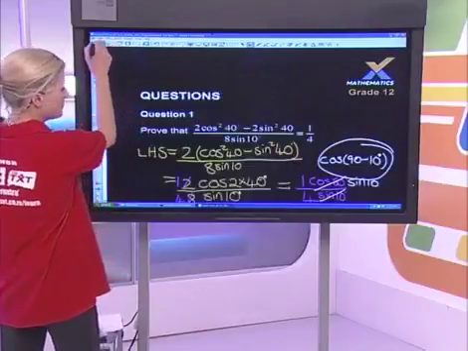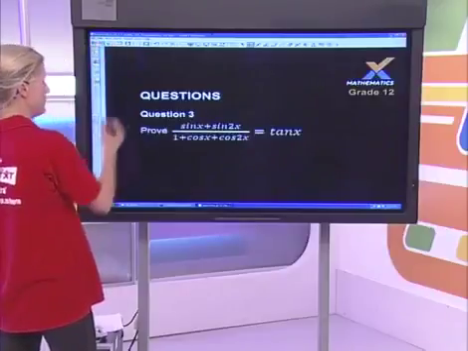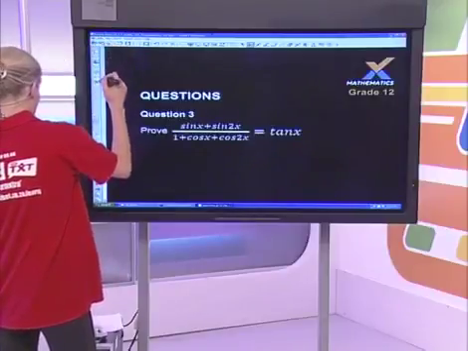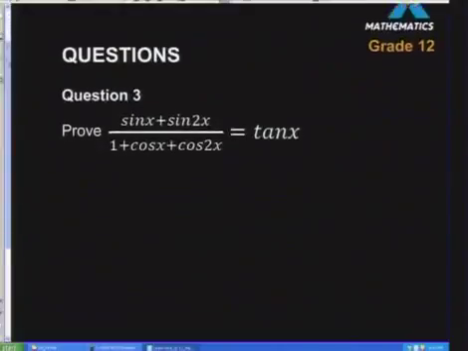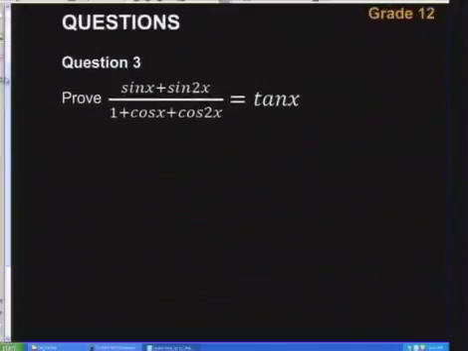Right, guys, but we've got more stuff to get through and plenty of people that want to get through it. So let's have a look at our next question. Our next question says, prove that sine x plus sine 2x over 1 plus cos x plus cos 2x is equal to tan x.